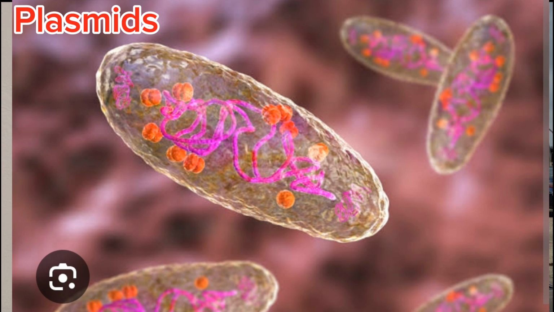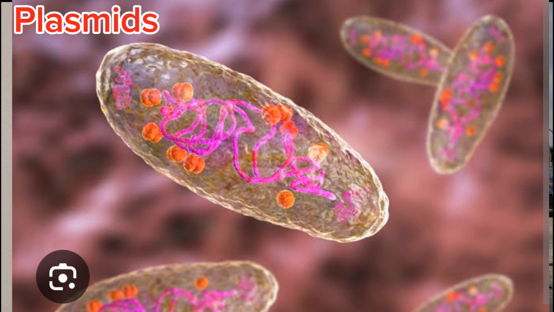For example, there's what we call bacteriocins. These are proteins produced in bacteria that have toxic properties and can be looked at as toxins. The presence of these col plasmids helps to push out this kind of protein from within bacteria.